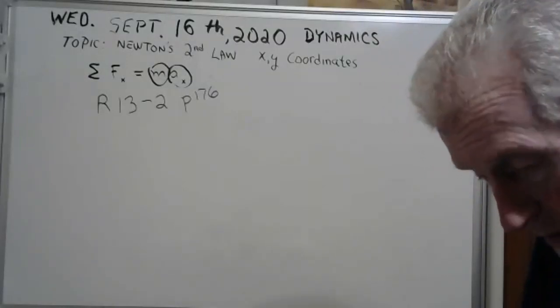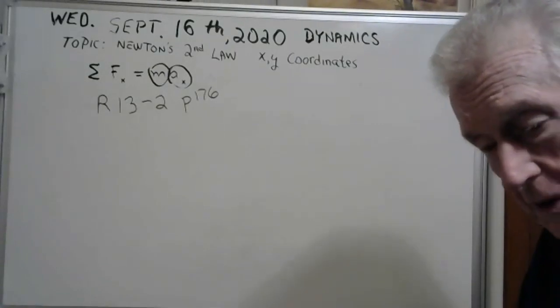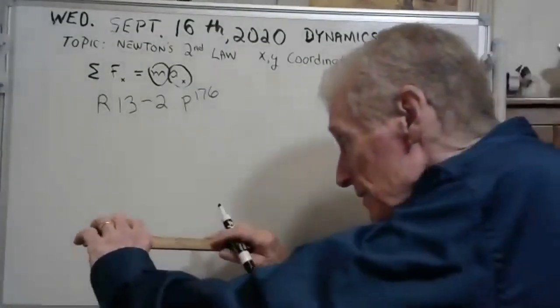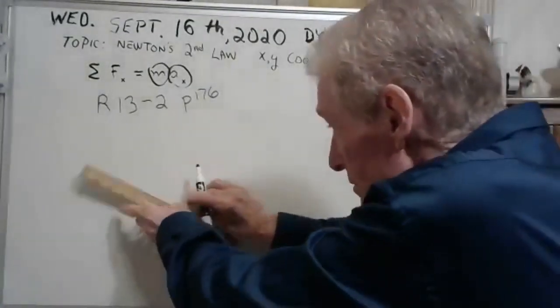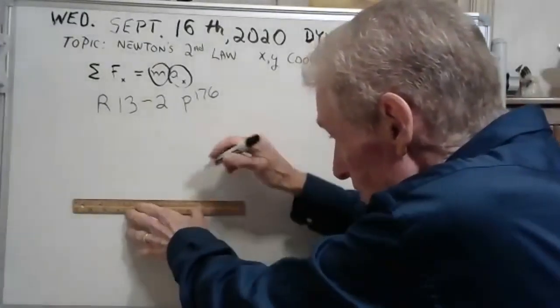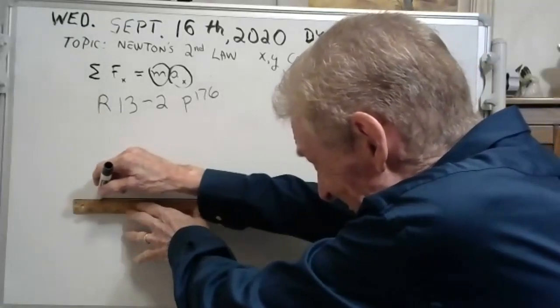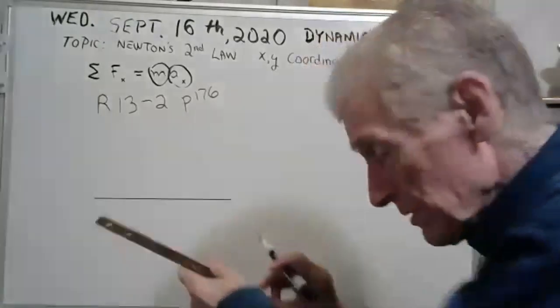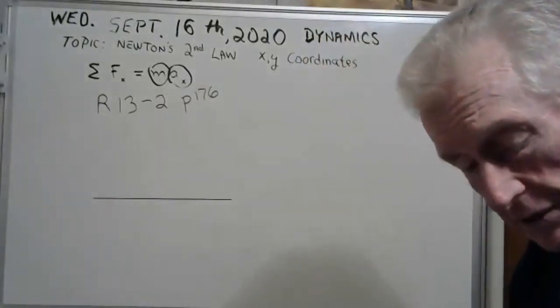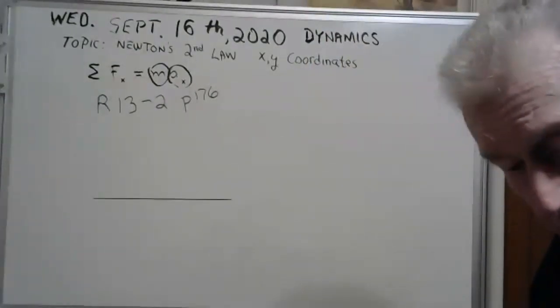There's a crate. It's on a 30-degree hill. You know, I can even get the angle here. See, that's what you're supposed to do. You're supposed to actually measure this stuff. All right, I'm going to measure it. I've got a protractor. I can measure 30 degrees.